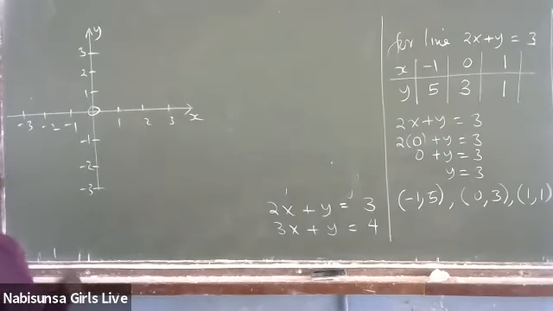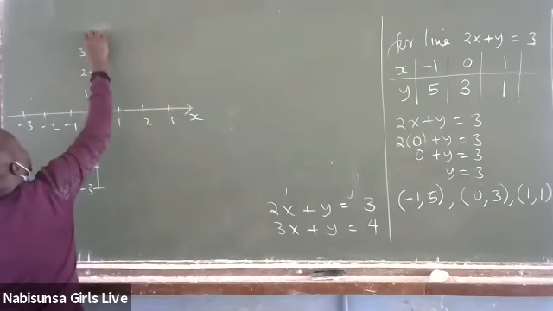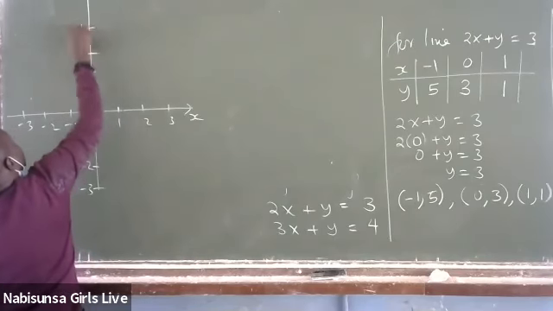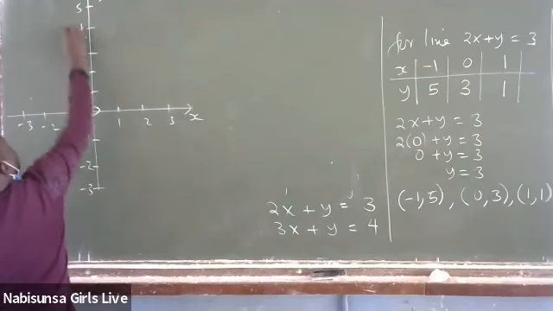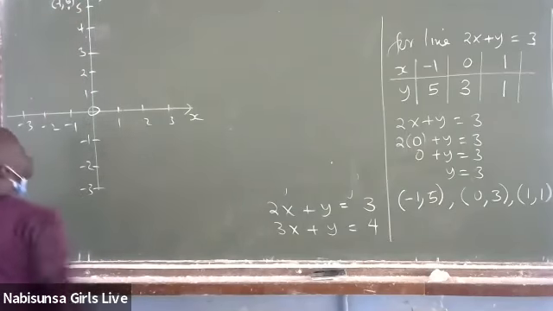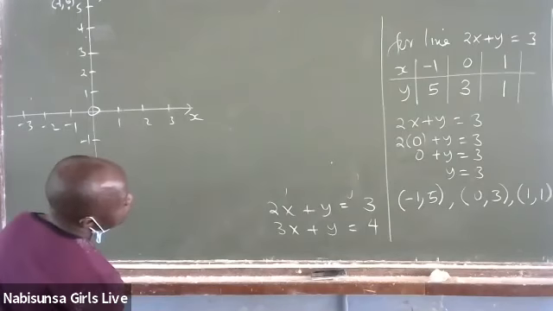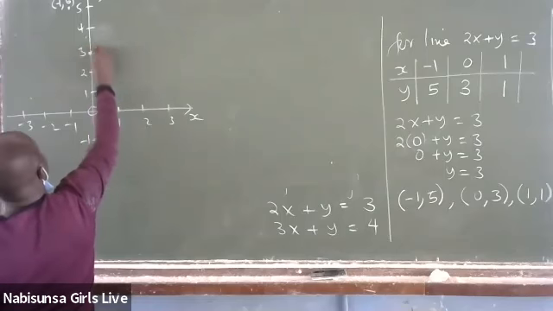So I have minus 1, 5 here. 0, 3 will be here.